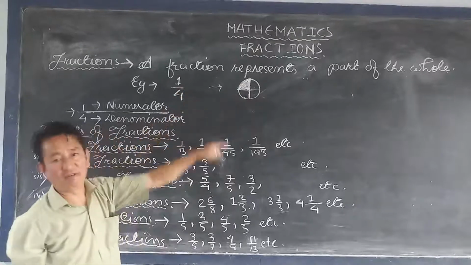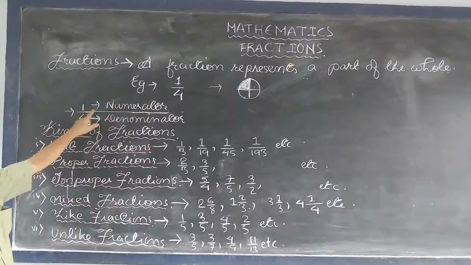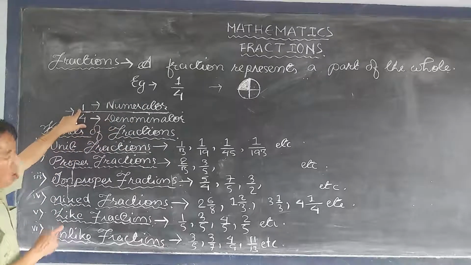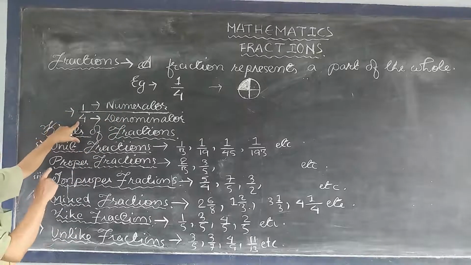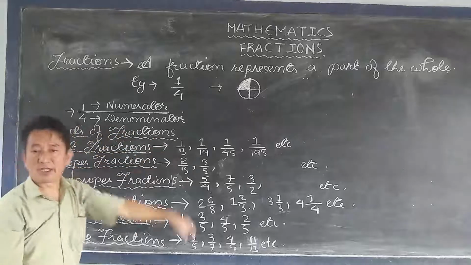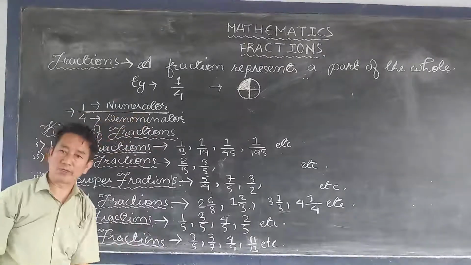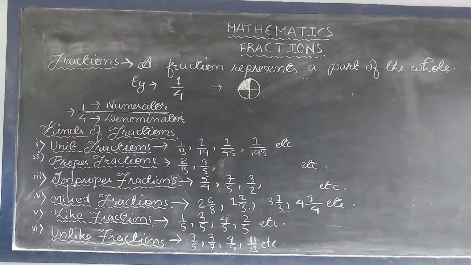So 1 by 4. A fraction consists of numerator and denominator. The number on the top is known as numerator and the number on the bottom is known as denominator. That means the uppermost number is called numerator and the lower number is known as denominator.